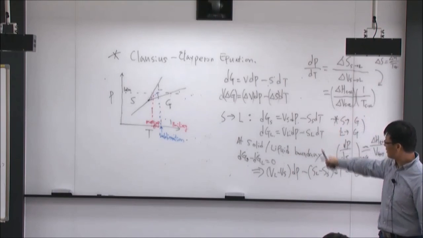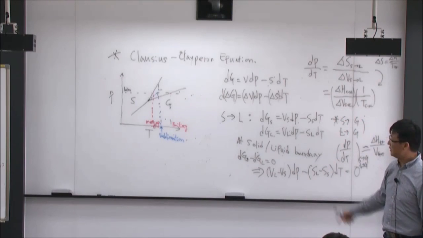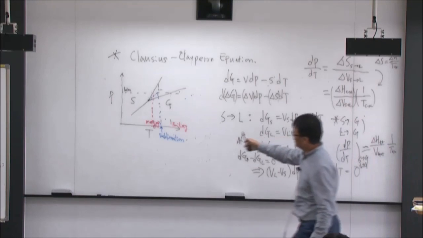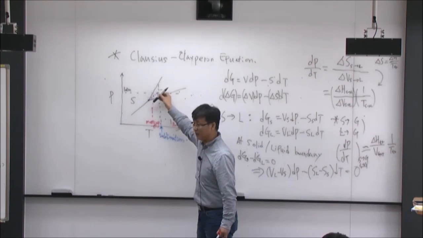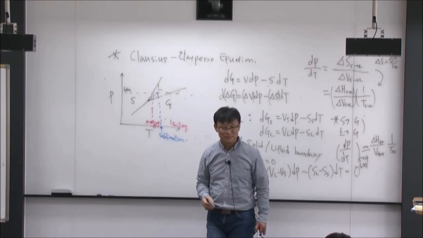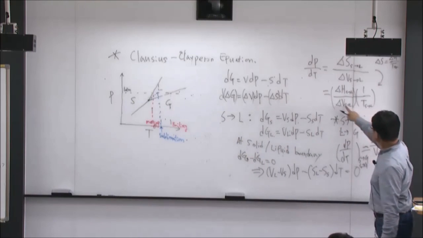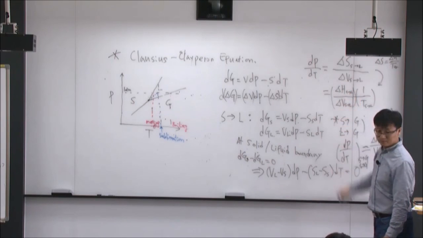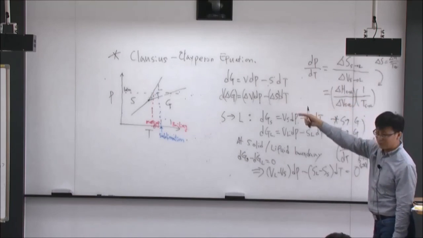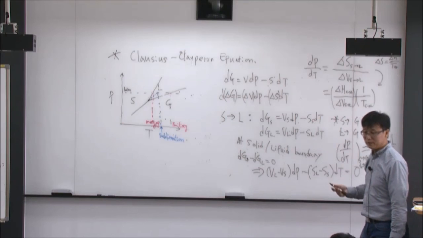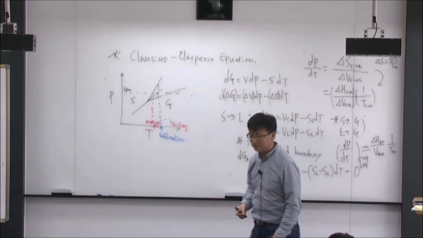Explain the Clausius-Clapeyron equation, and then using that, explain why this slope is typically like this. Okay? So basically, this one and these two relationships, that's basically the slope, yeah? It's relatively easy.